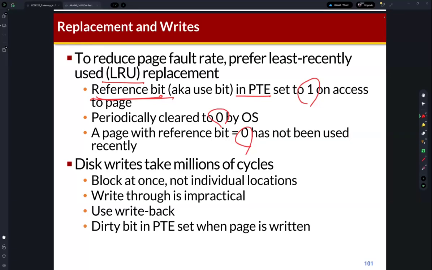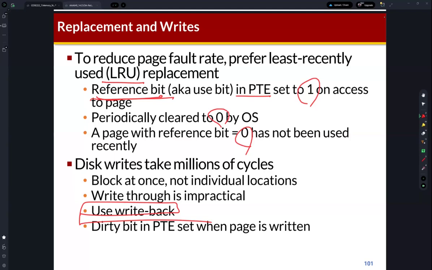Also, for the write operation, the storage system is very, very slow, so we also need to use the write back policy. This means the page table entry also includes the dirty bit. Like the write back cache includes the dirty bit, the page table also includes the dirty bit.